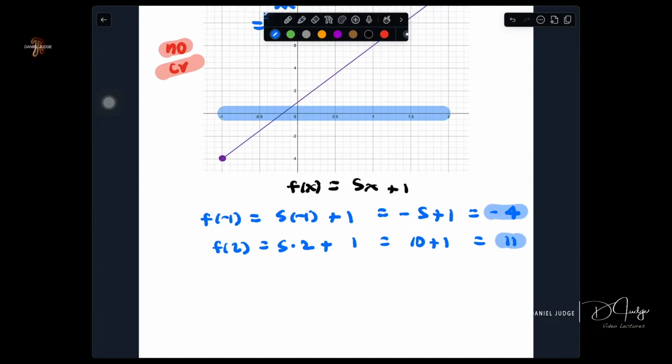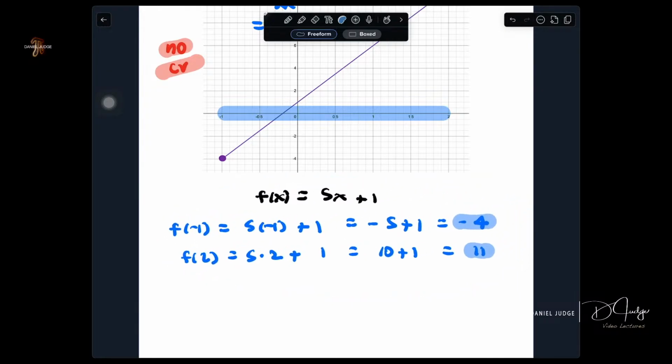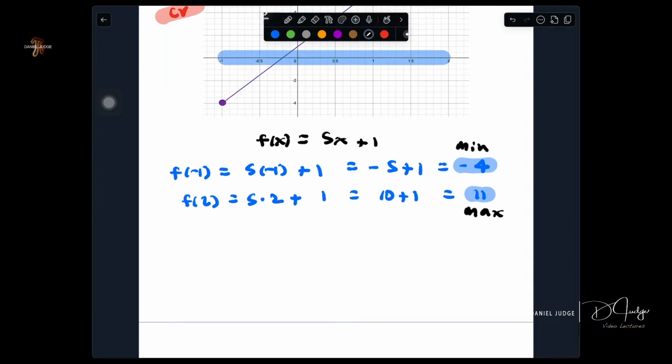And we see really here, in one case, you have a min, and the other case, you have a max. So absolute max is 11. The absolute min is -4.